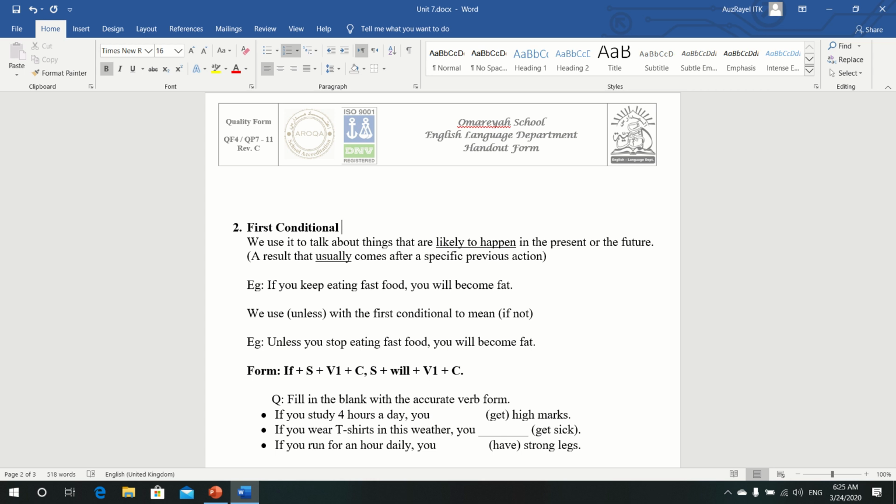So let's give it 80 to 90%, for example.